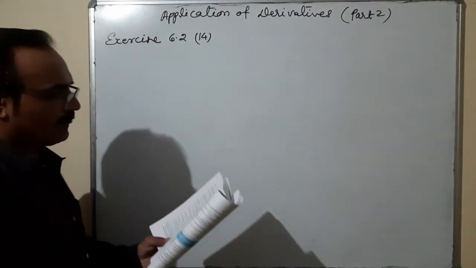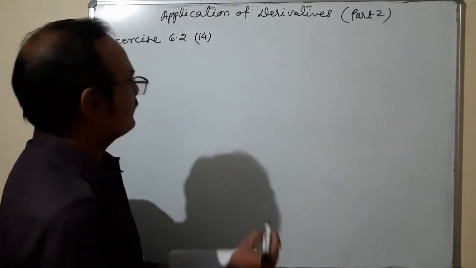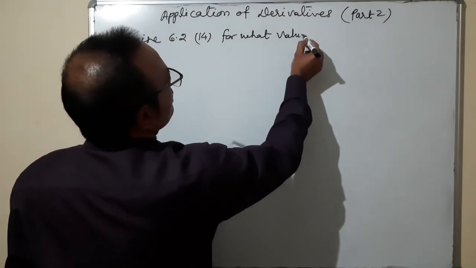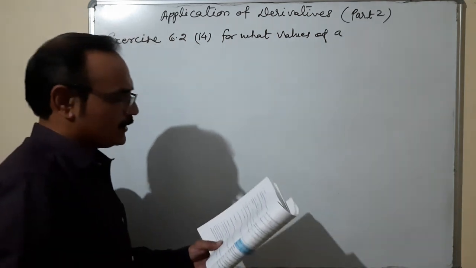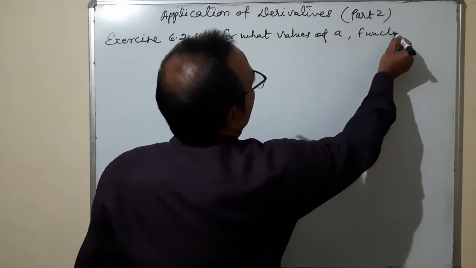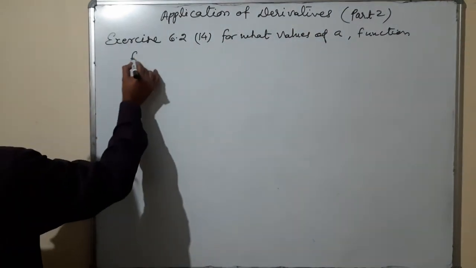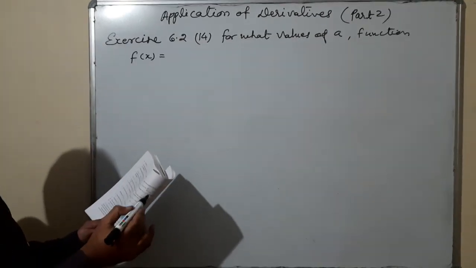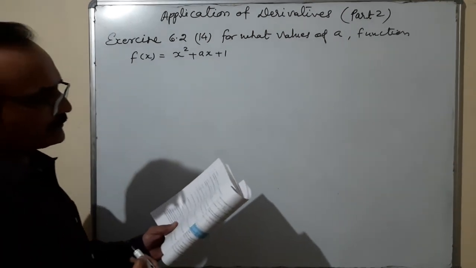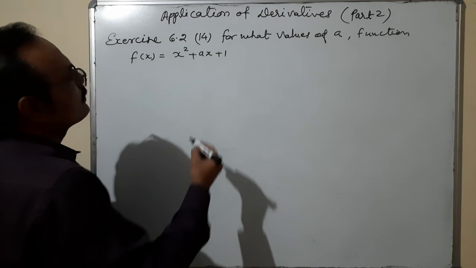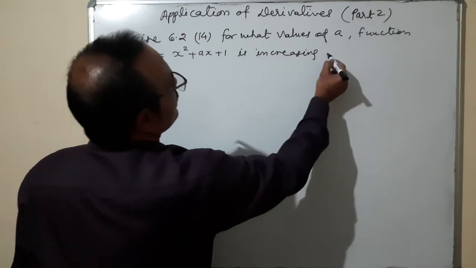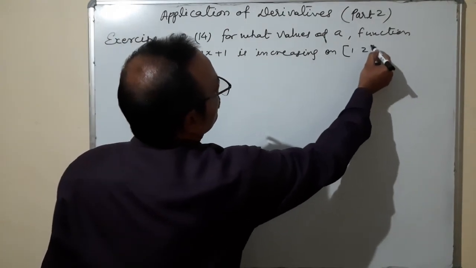For what values of a is the function f of x equal to x square plus ax plus 1 increasing on the closed interval 1 to 2?